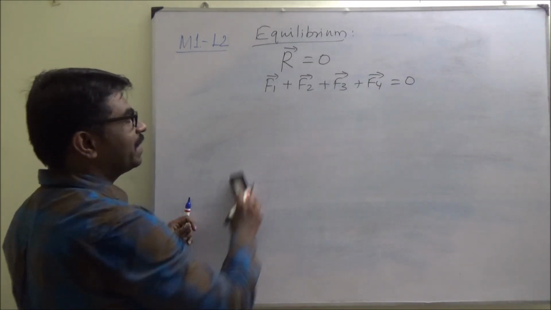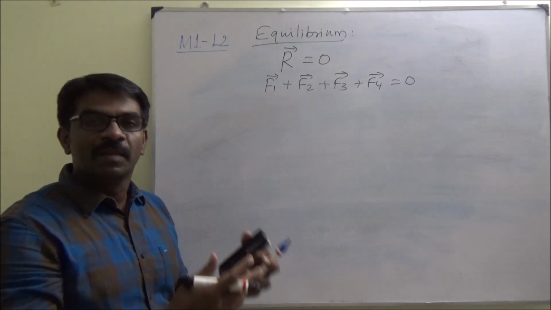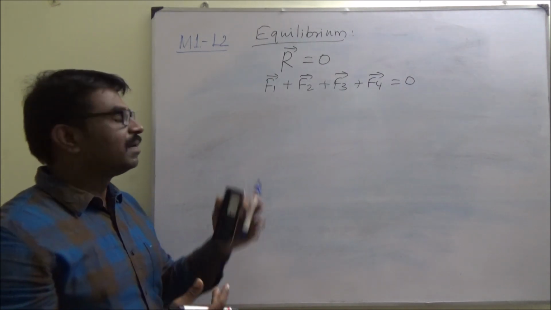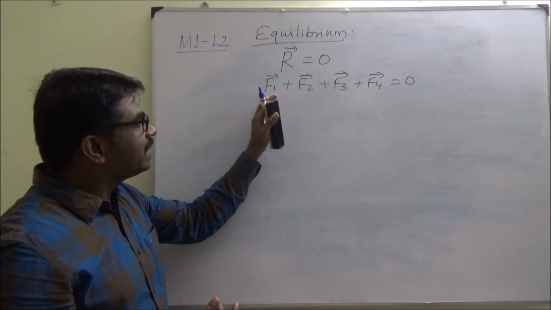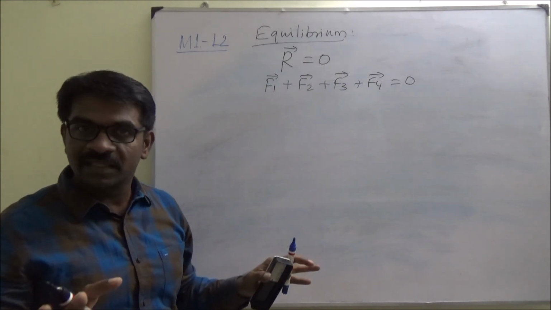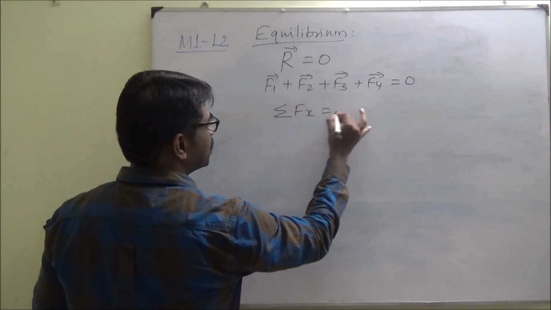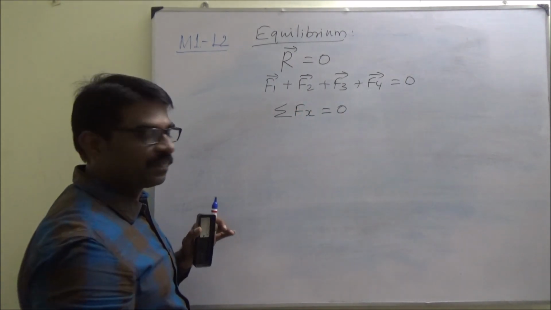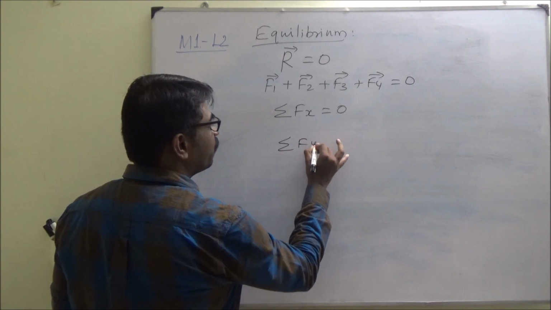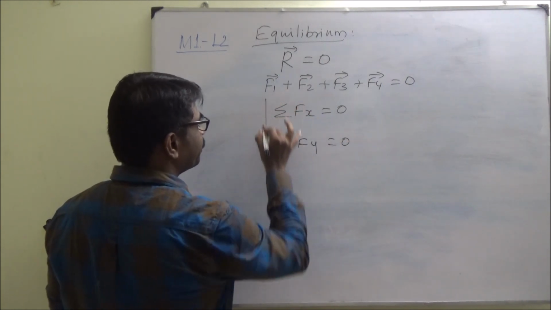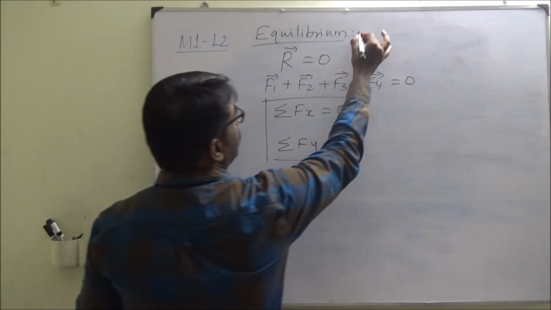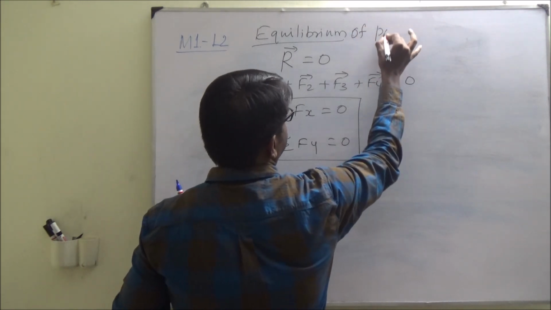So to find out the equilibrium, you can still write this as rectangular components. Okay? And then we say summation of Fx equal to 0, summation of Fy equal to 0. Equilibrium of particle.